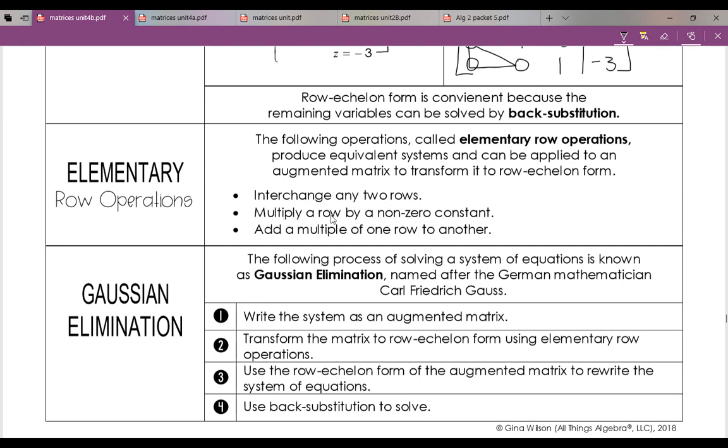You can multiply a row by any non-zero constant number. Non-zero, you can't multiply by zero because that wipes out your whole row. Any row can be multiplied by any number that you want. Positive, negative, decimal, fraction, not zero. And then we're going to add a multiple of one row to another.